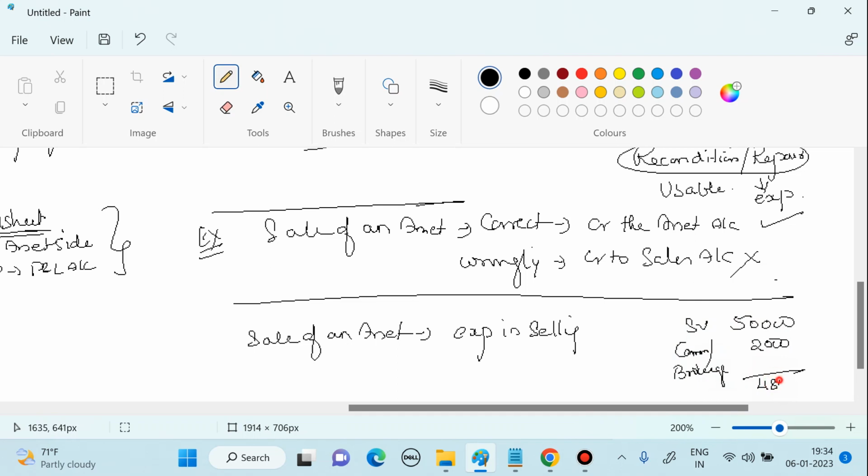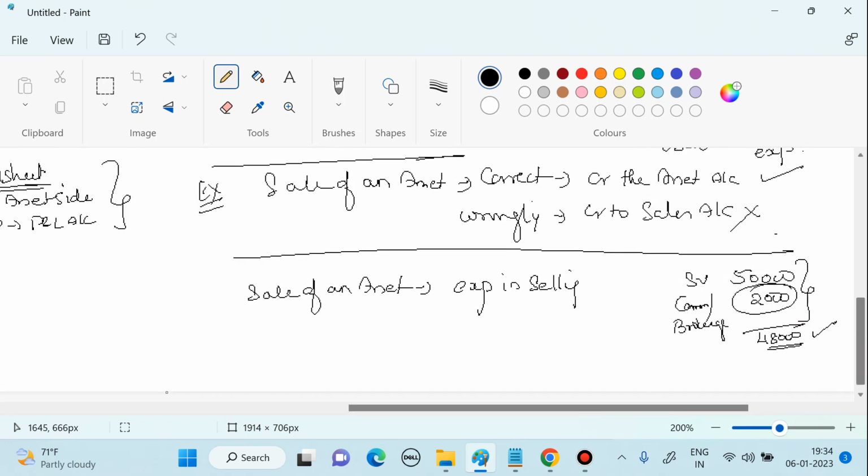So you should record it at 48,000. You should not show this separately as an expense in the profit and loss account. The net amount that you're receiving should be treated as a capital receipt, 48,000. So when you do that mistake, then it is also an error of principle. Clear?